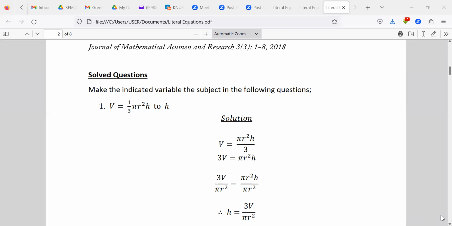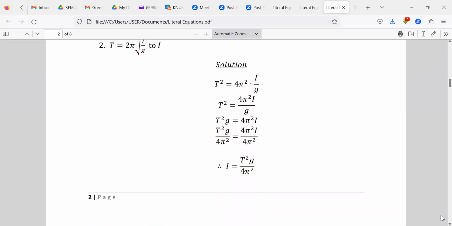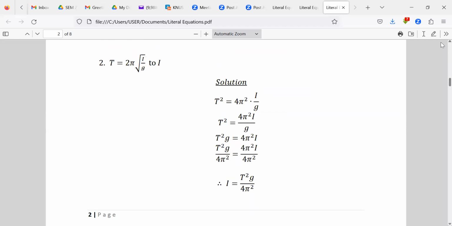We are moving on to the second question, where we have T being equal to 2 pi times the square root of L over G. And so we write our original expression. And then what we do is that we square both sides.